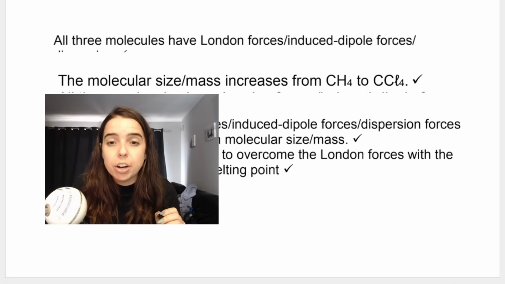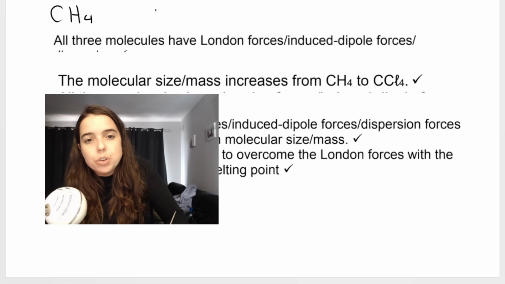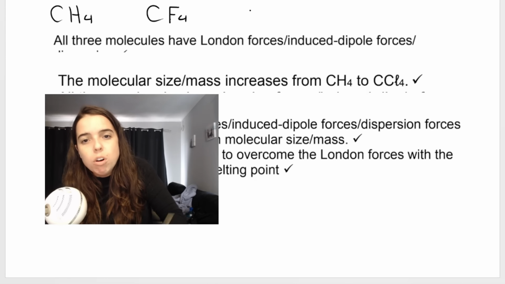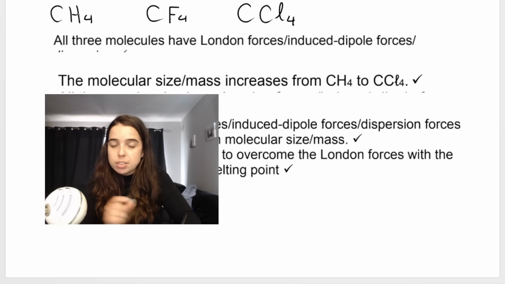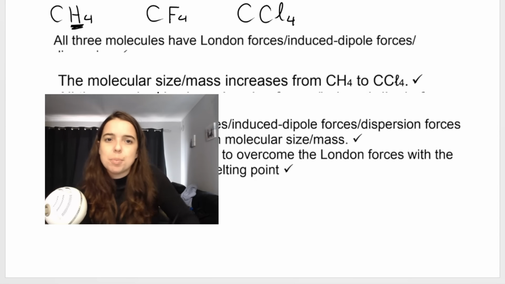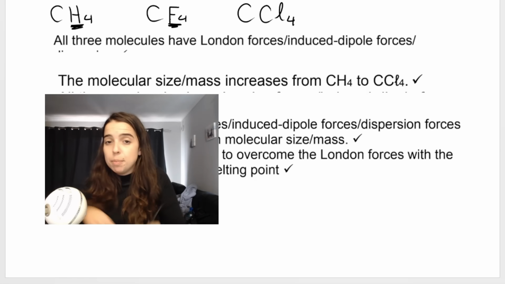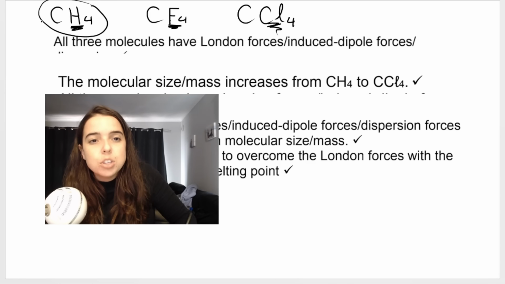If you go to your periodic table and you look at CH4 versus CF4 versus CCl4, and you look at the big numbers on the periodic table, hydrogen has the smallest big number. Fluorine has the second biggest, and chlorine is the heaviest. So if you have to work out the mass for this, take the big numbers.